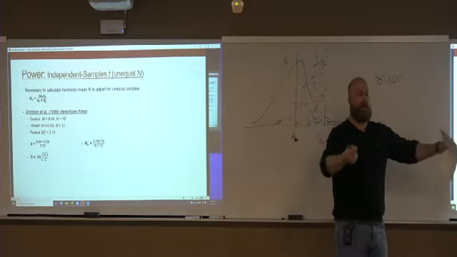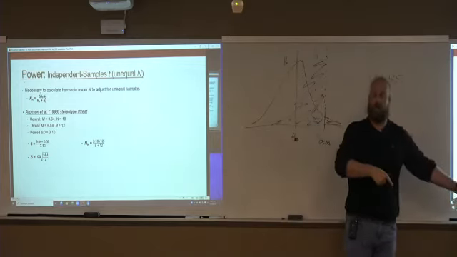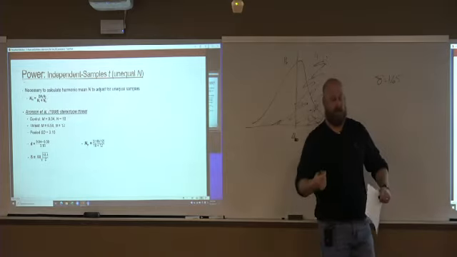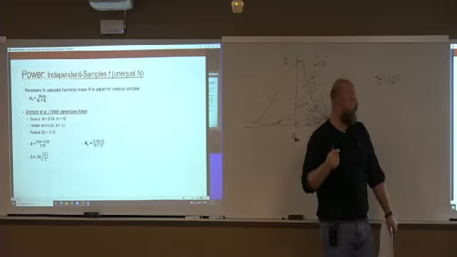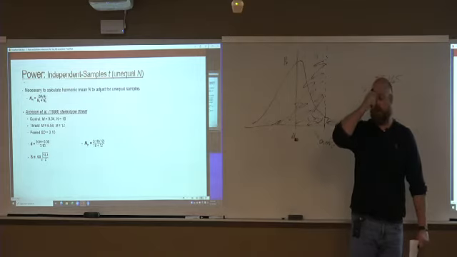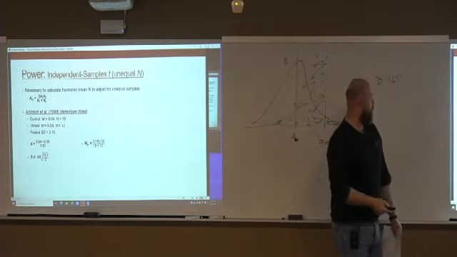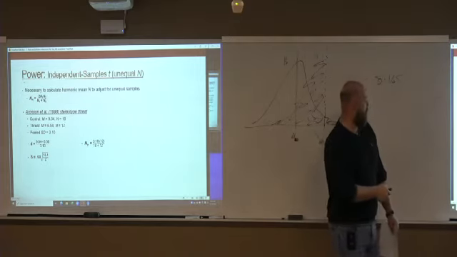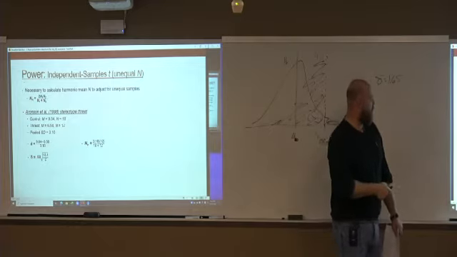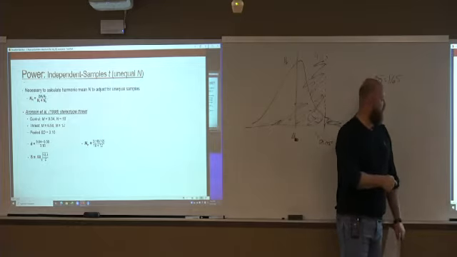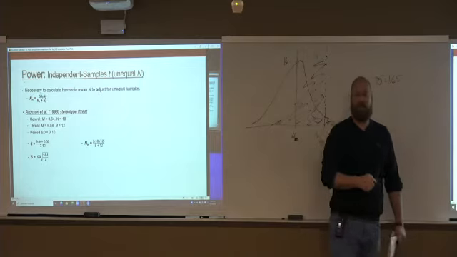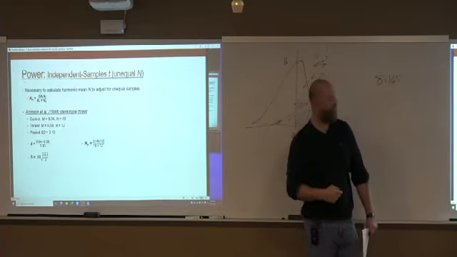What I did is I calculated my pooled variance first, and then took the square root of that to get my pooled standard deviation. Make sure you remember that, that's important, okay? Then take the difference in my 2 groups, divided by my pooled standard deviation. This gives me an effect size of 0.99.